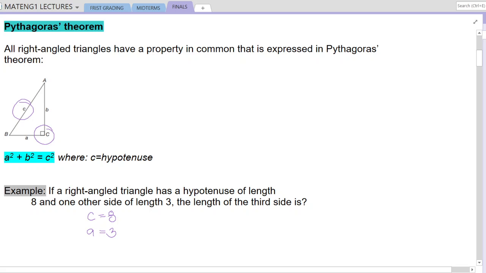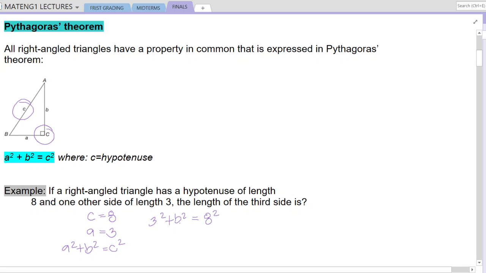Okay, using the Pythagorean theorem, a squared plus b squared is equal to c squared. Substituting the values of c and a into the equation, that is 3 squared plus b squared is equal to the square of the hypotenuse, which is 8.